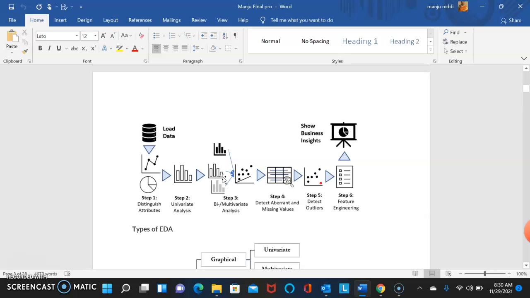Bivariate or multivariate analysis is nothing but using different types of charts like line charts, bar graphs, and pictorial representations. These are different methods we use for the analysis of the data. And in step 4 we'll be discussing the multivariate analysis, and detecting the aberrant and missing values.